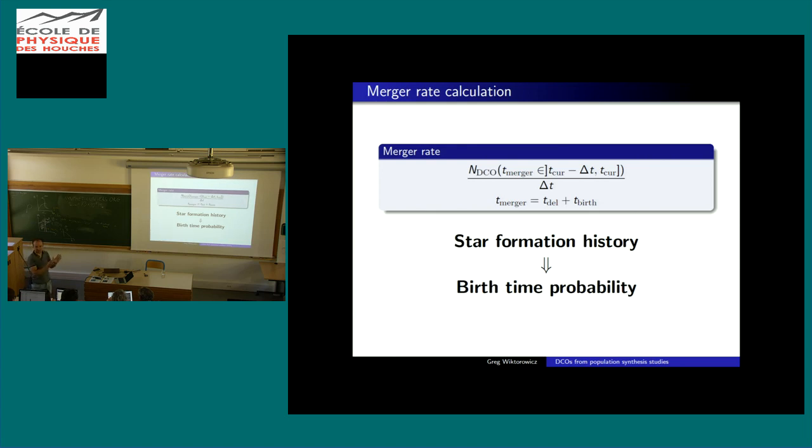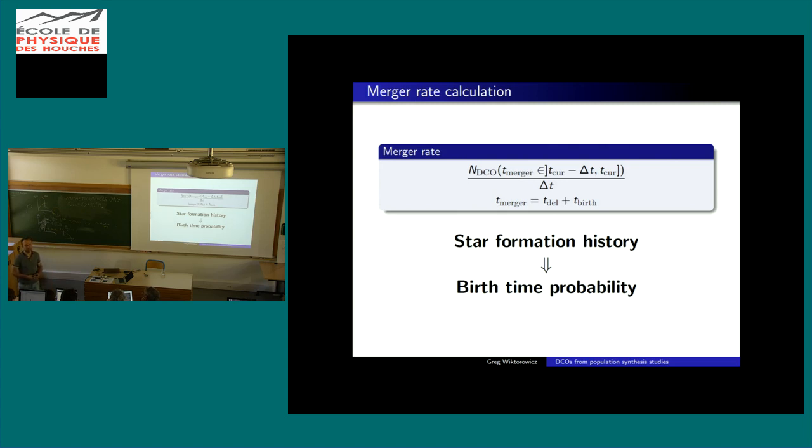We need to give some spread, and later we divide by this spread to get a merger rate in time and not the number of objects. So this actually gives us the average merger rate during this delta t time.